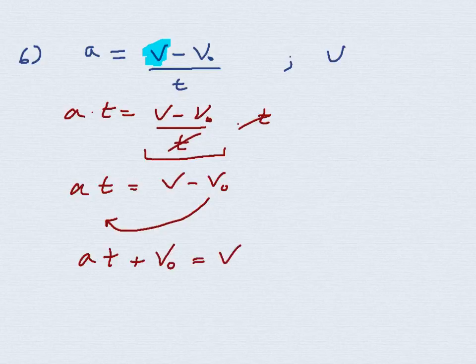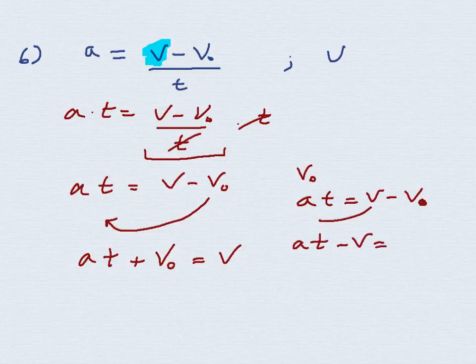Now if the question had asked you instead to solve for VO, it would actually be a little bit harder, and I'm going to do it. If you had been asked to solve for VO, and you only moved over the V, you would have had AT minus V equals a minus VO, which you cannot leave.